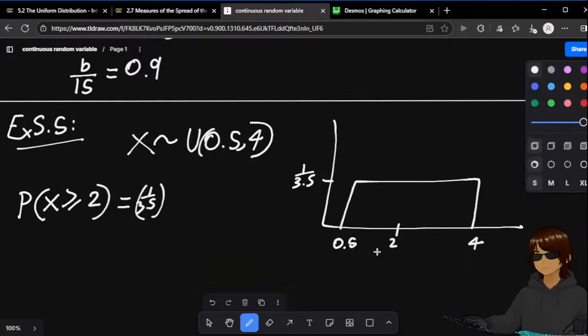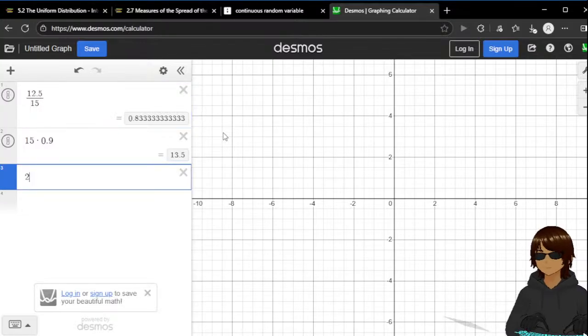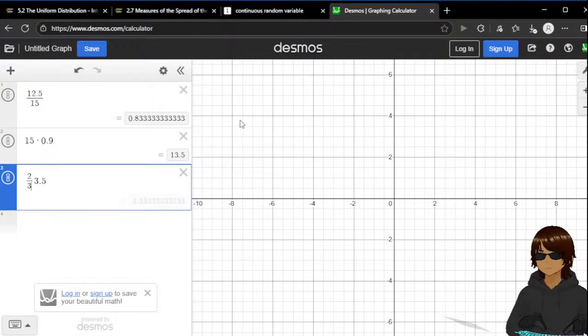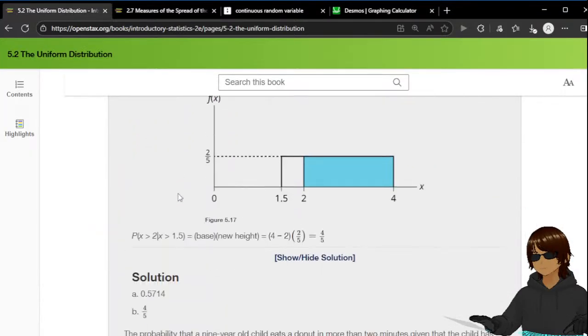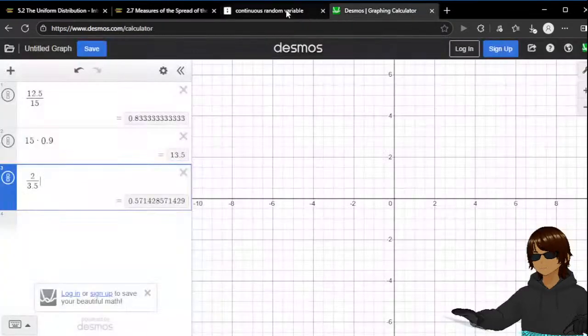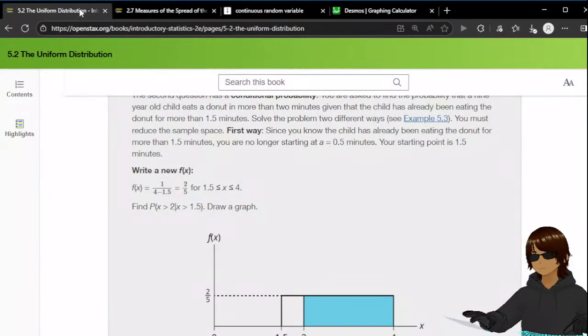It's closer to here. 2 over 3.5. So I was, yeah, okay, I got it right. 0.57, yeah, whatever.